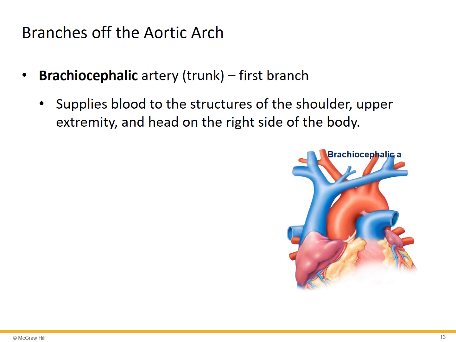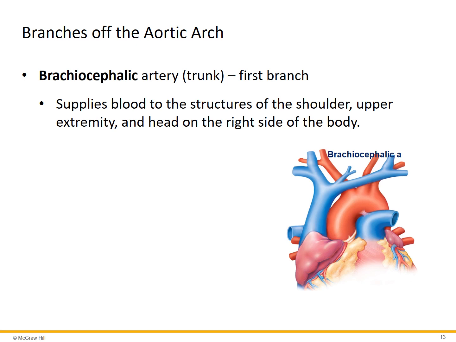We went over this in lab, the three branches off the aortic arch. I always remember they go kind of alphabetically, so brachiocephalic artery or trunk, either one is fine. This is the first branch, and it supplies blood to structures of the shoulder, upper extremities, and head on the right side of the body.